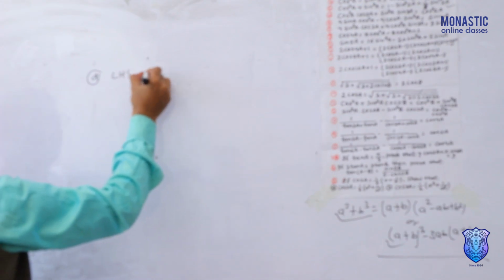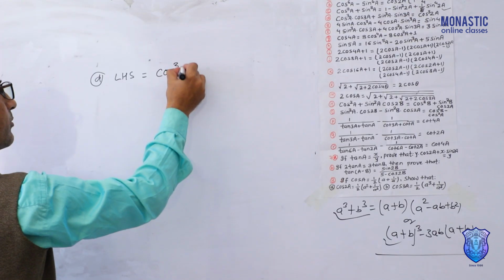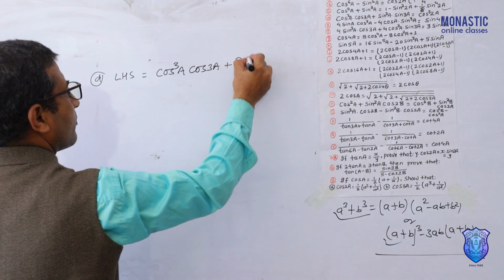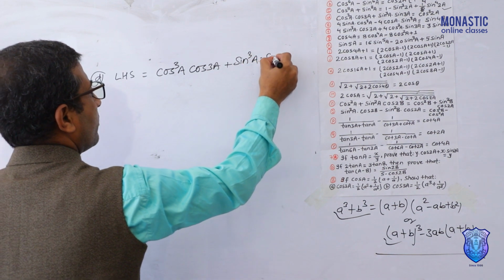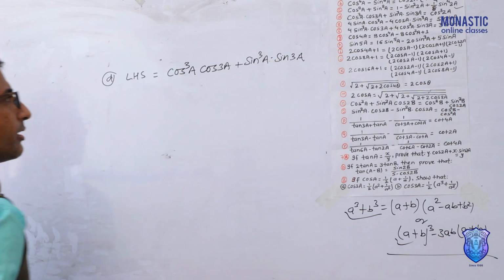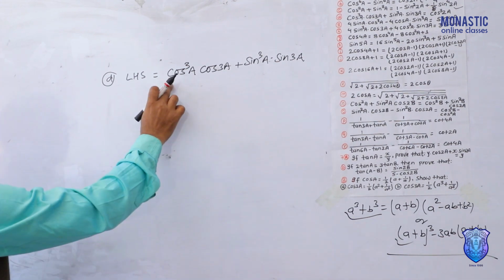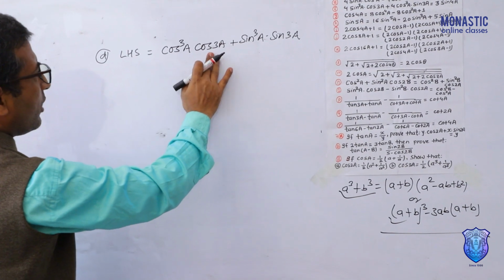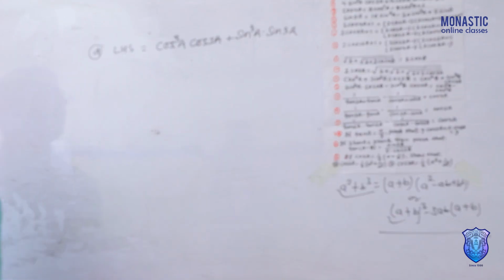Now come to the question number D. Here cos cube a cos 3a sine cube a sine 3a. We have the formula of cos 3a and cos cube a also.